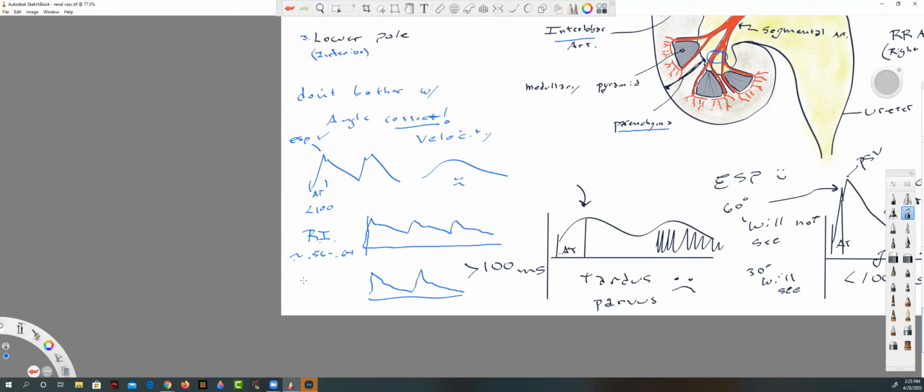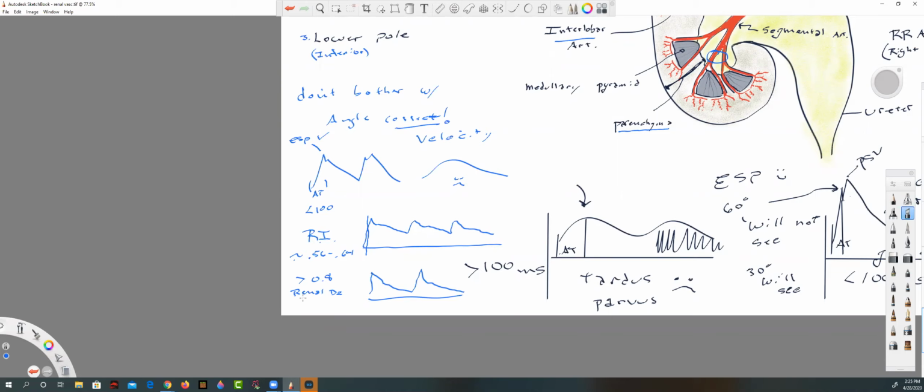If you have a high resistance, if it is greater than, this I did write down, 0.8, that is an indication of renal disease, not vascular disease, more like some other kind of kidney disease.